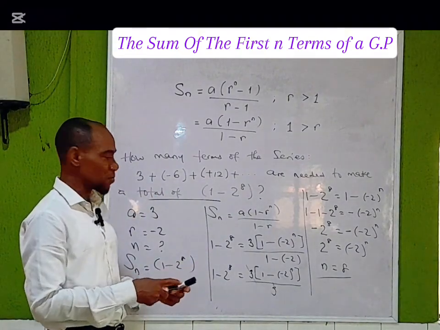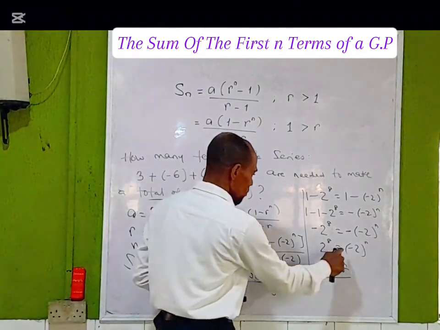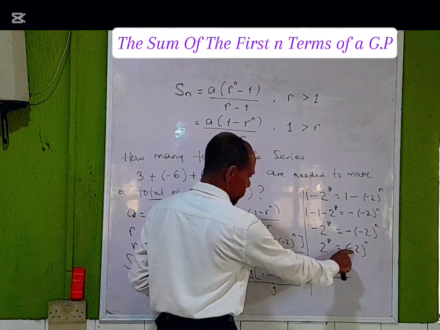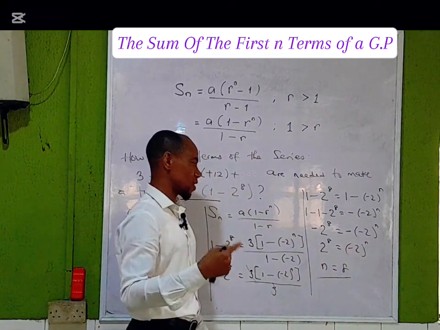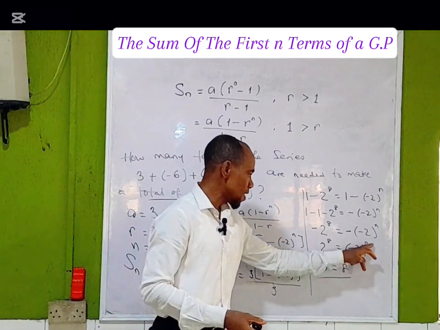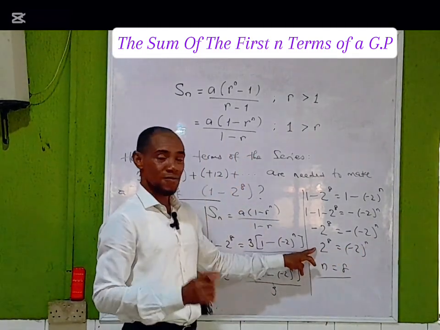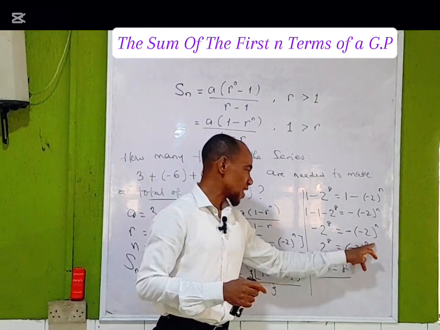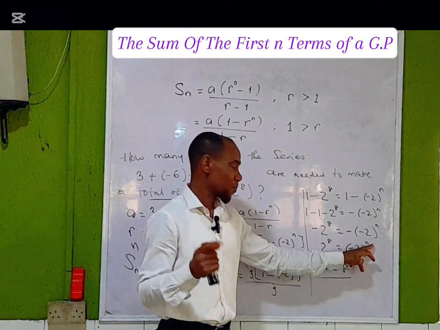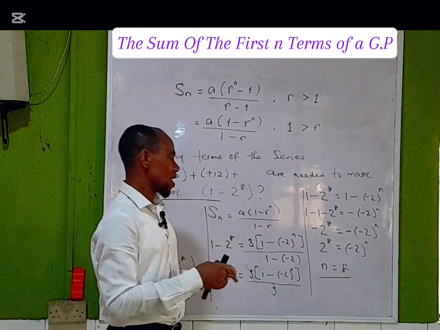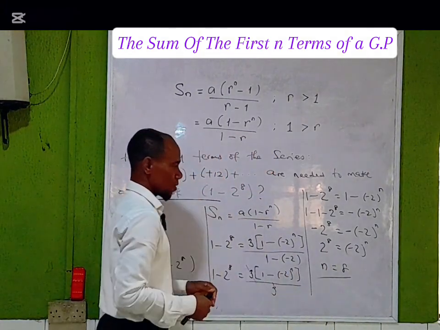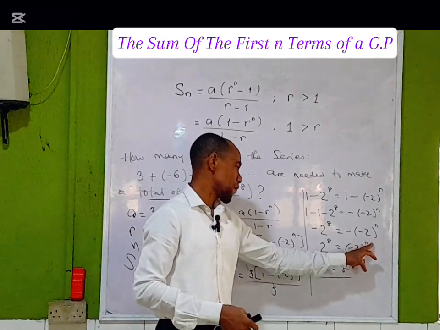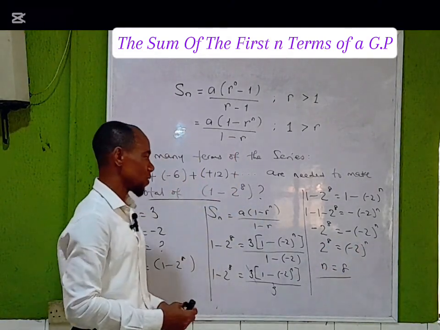Now let me make a quick observation here. Normally, we have a negative value here. The power determines whether the answer is going to be positive or negative. If the power is an even number, you're going to have a positive answer. If the power is an odd number, you're going to have a negative answer. And the fact that we have a minus here, and at the end of the day we have a positive value here, means that n can freely assume the value of 8.